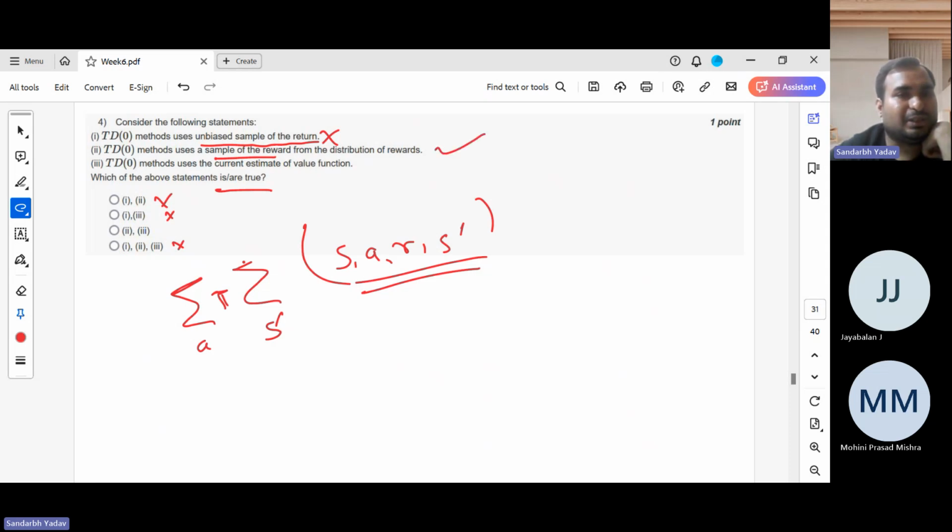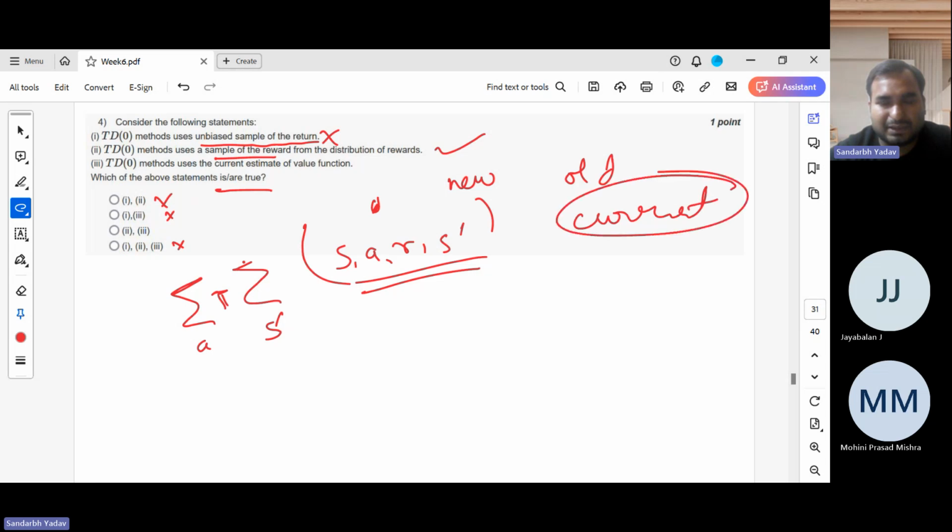This they definitely do. TD0 methods use the current estimate of the value function. Do they use the current estimate? Yeah, some people write it as new and old, so old you can sometimes write as current. It uses that current estimate because this is what we are actually updating.